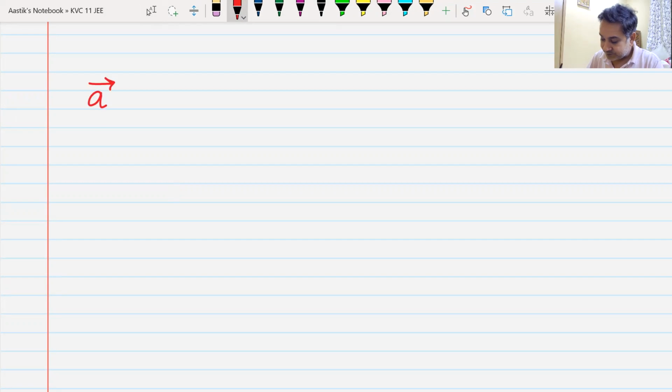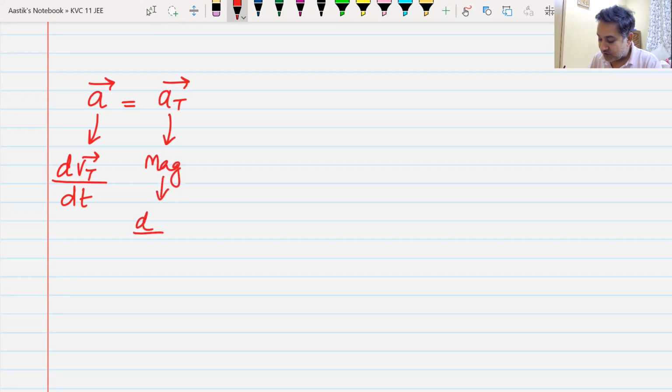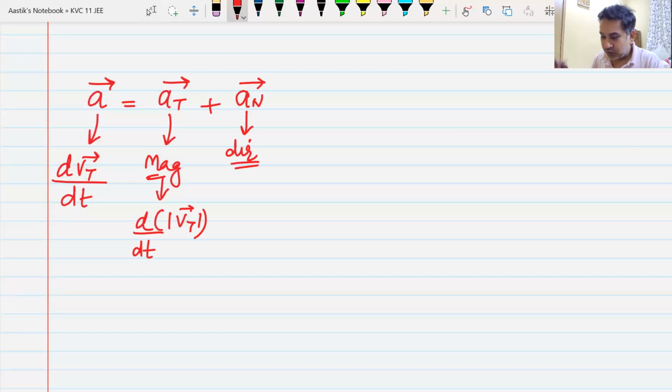This A vector is the rate of change of velocity. Velocity may change in magnitude. Who is going to change it in magnitude? This tangential acceleration. It changes the magnitude. You can call it the rate of change of speed. So you can write it like this: tangential acceleration plus An. An changes the direction. They both come together.